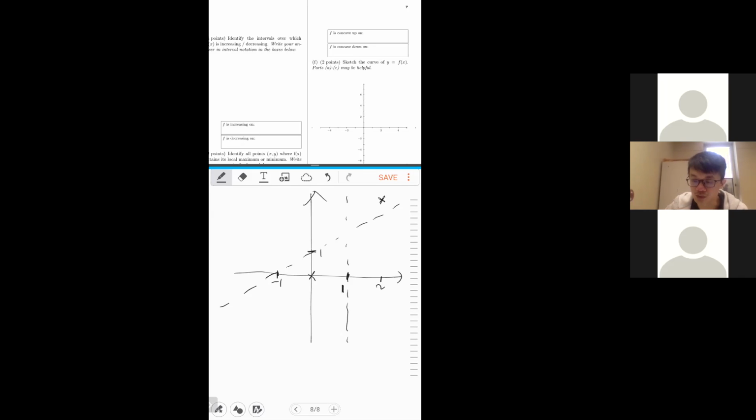By the way, how do I know this point, 2, 4, lies above the diagonal line? How do I know it's not below the line?